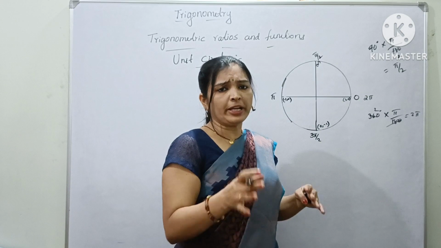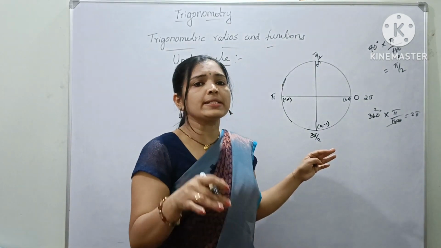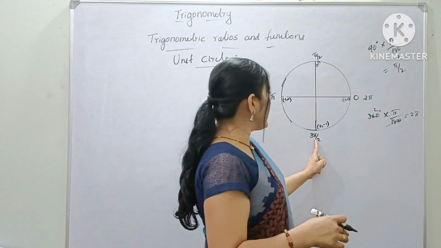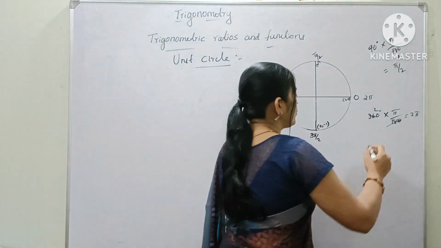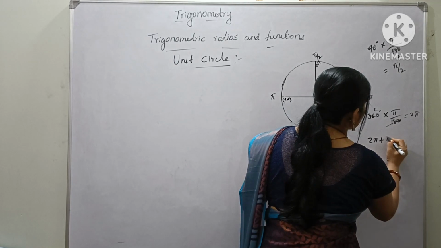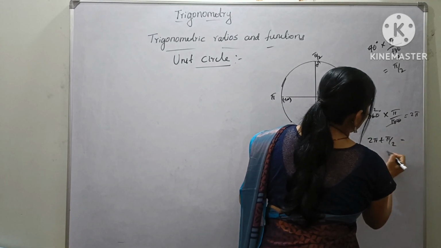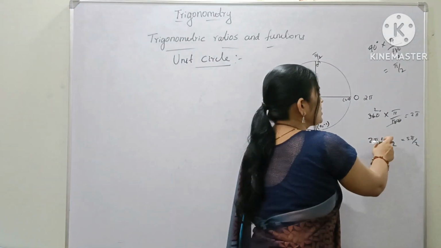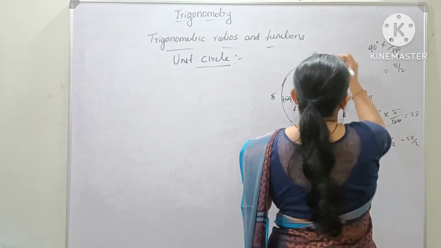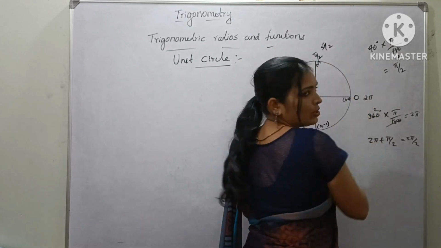For every revolution it is repeating. So 3 pi by 2 plus pi by 2 is 2 pi. Then 2 pi plus pi by 2 is 5 pi by 2, right? 2 into 2 pi is 4 pi, plus pi, 5 pi by 2.